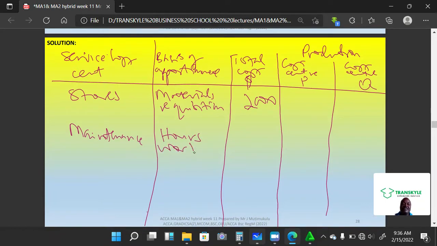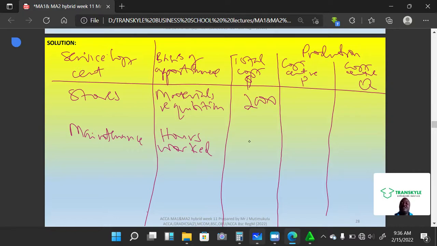It's not hard and fast that you say hours worked. Sometimes say hours provided. It's about playing around, but what is important is the examiner has to understand what you are saying. Sometimes you just say time worked, hours worked, hours spent on the job, something like that, as the basis.